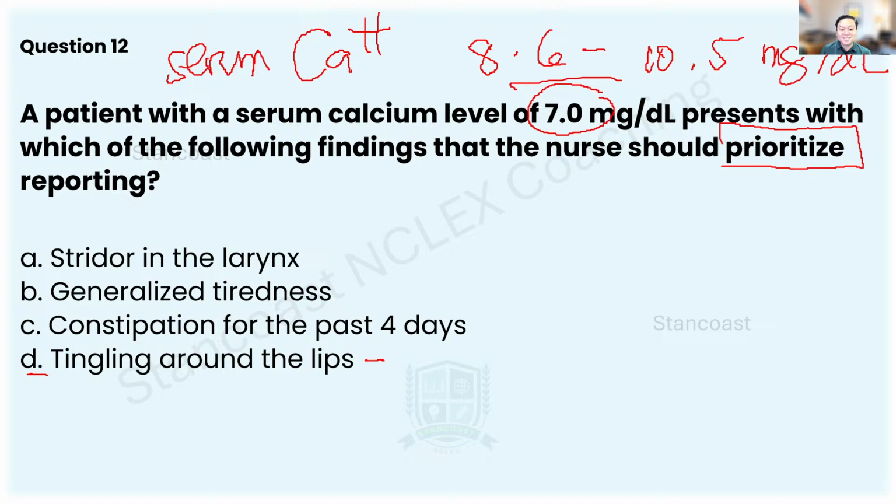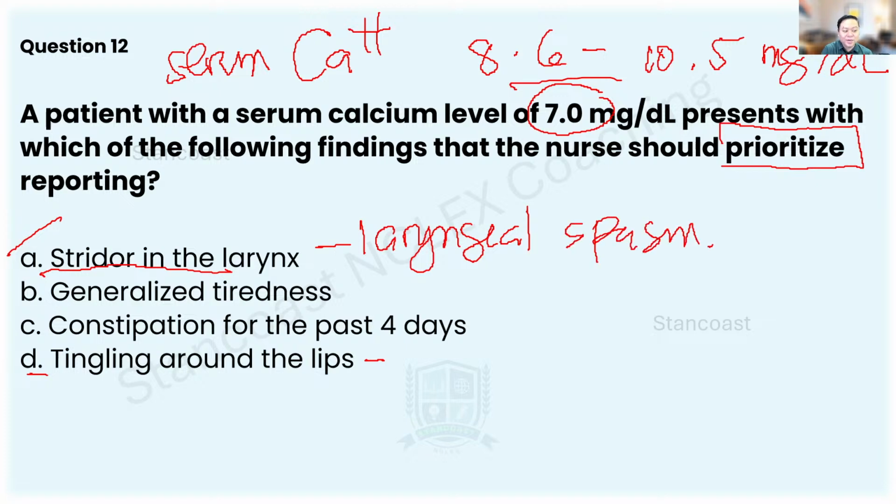We know that tingling is associated with hypocalcemia, but it is not as critical compared to the laryngeal stridor. This one right here is a sign of laryngeal spasm, right? Severe hypocalcemia. That is the correct answer.